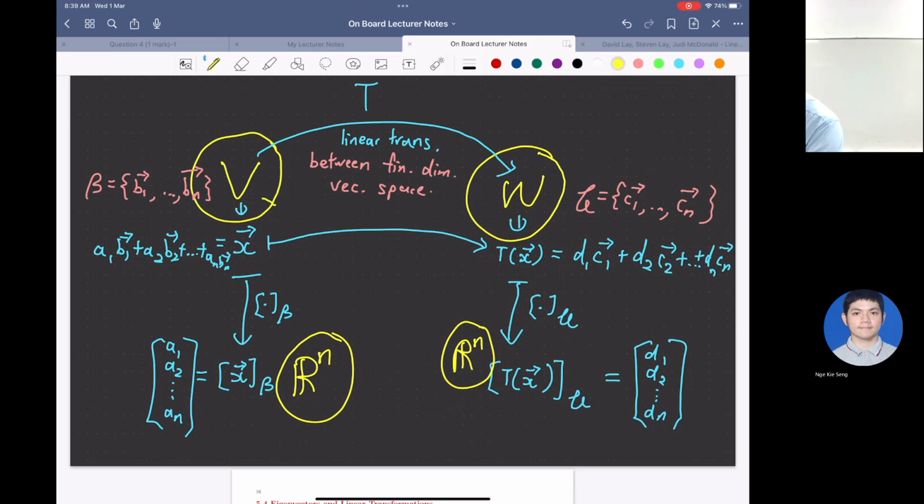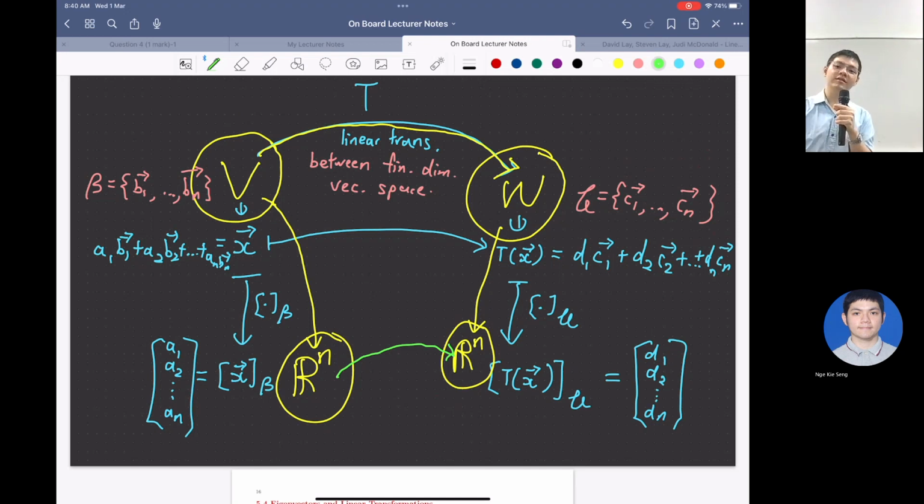So we got a map between V and W. We also have a map between V and Rn, and W and Rn. So there's actually one not so obvious thing we can try to ask here. Can we complete the square? Is there a bridge going from this Rn to this Rn?